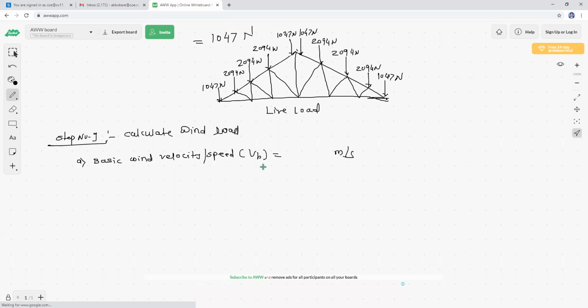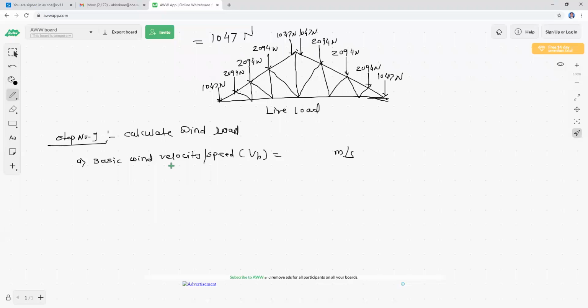So for New Delhi, we have to find out how much the basic wind velocity is. For that, you have to go to page number 125, as I told you, in the steel table.